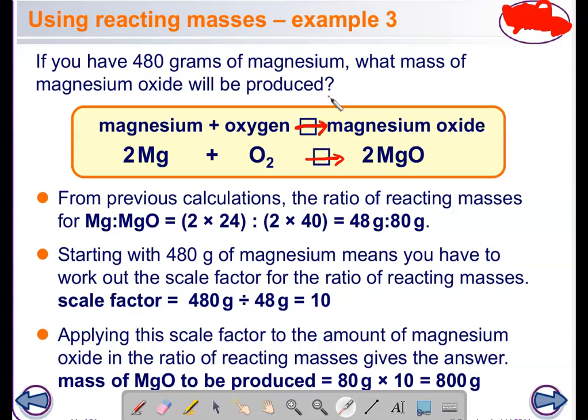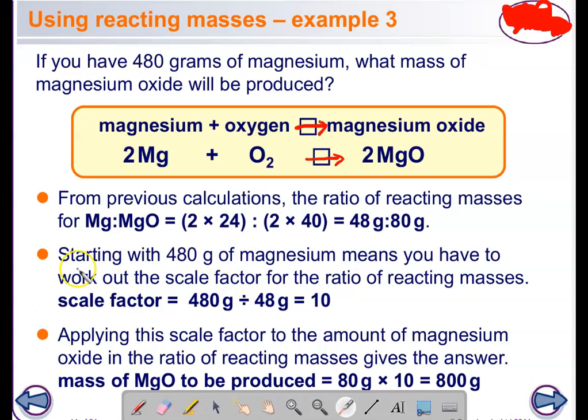Now, I can use proportionality to do it. You can go through the same steps. So here you've got your balanced equation, and the ratio is 2:2. You are going to have magnesium is to magnesium oxide, 2 times 24 is to 2 times 40 in the previous example, when we were given 48.